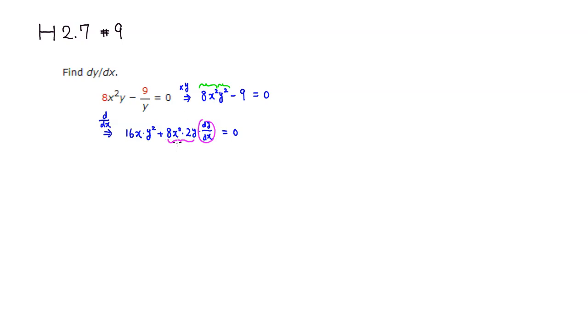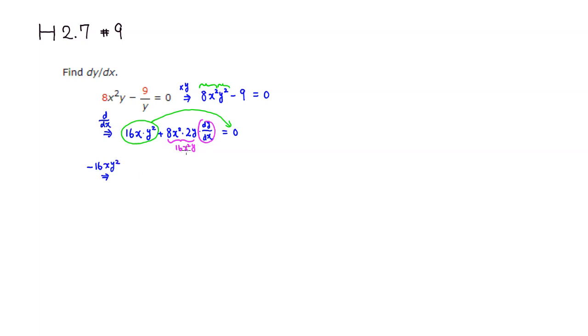This part is going to be 2 times 8 is 16, and then you have x squared times y. I'm going to shove this first term over to the other side. Because it's addition, we can subtract 16xy squared.